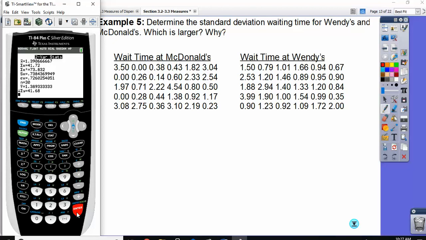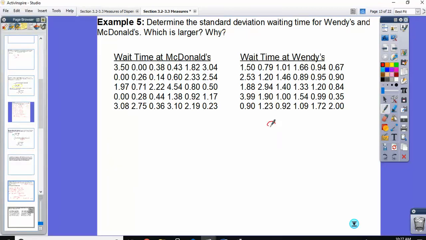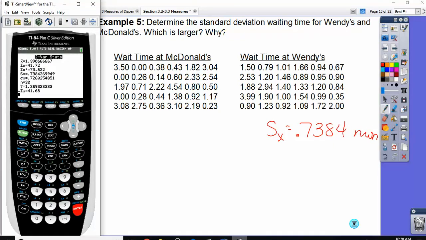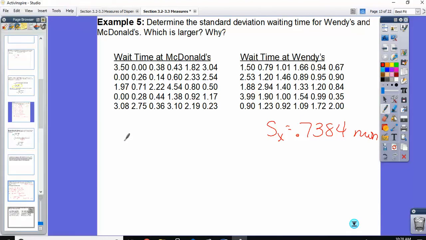So, for Wendy's, that was our X. And what did you tell me? 0.738. This is minutes. We're just talking about that wait time. Okay, my Y was my McDonald's. So you're going to have to go down until you find that S sub Y. 1.2649.